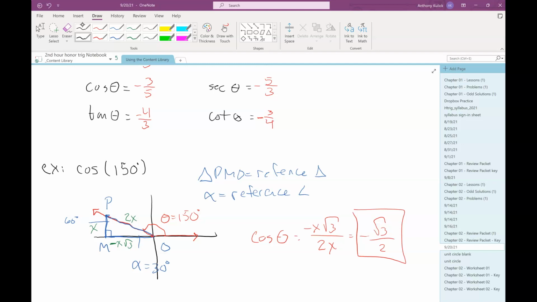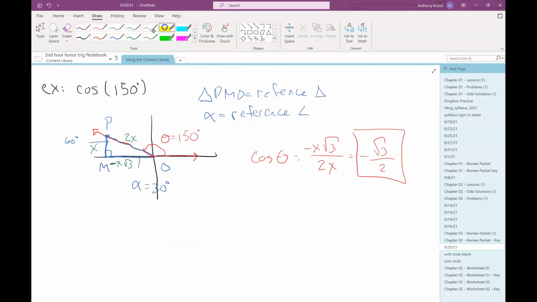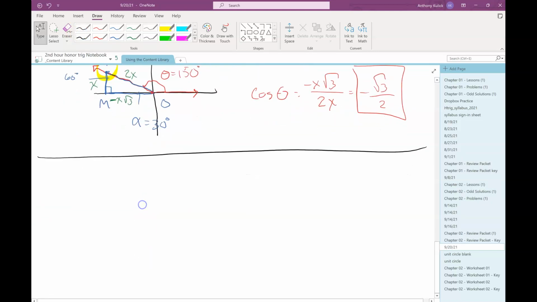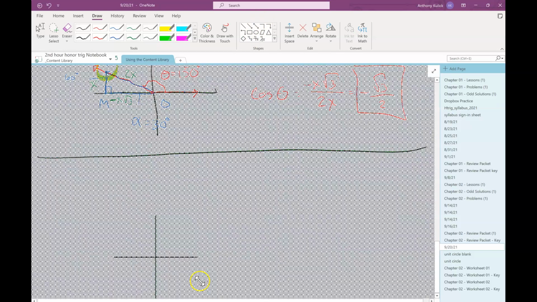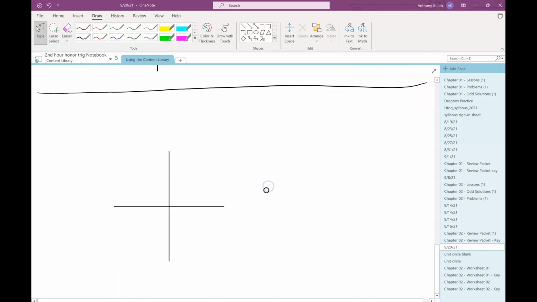So that's great. The next thing we're going to want to do is standardize how we're choosing this point P. If we think about what we're doing, we have our xy axis, we have our initial side, and as we rotate that terminal side, if we have a fixed point P on that terminal side, what shape are we going to make as it rotates around?